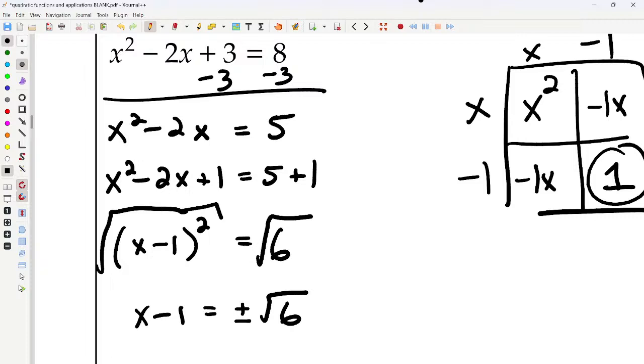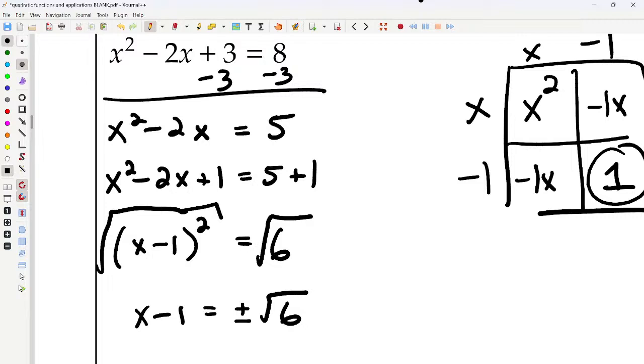So just a brief reminder, if you needed to know more about what the square root of 6 is, turn to a calculator, which I'm doing right now, and find that it has a decimal approximation of about 2.449489743. Don't need to know that. It's on a calculator. And actually, don't turn that to a decimal.